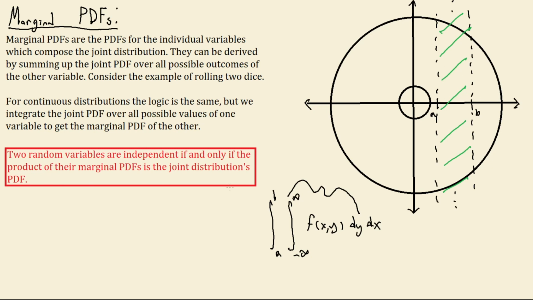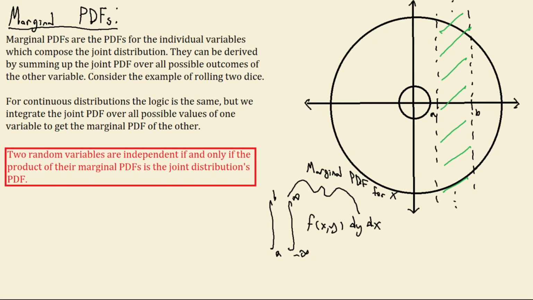And so if that probability of the x-coordinate of the dart being between a and b is given by this expression, where we're integrating over this from a to b with respect to x, then this by definition is going to be some probability density function. And so this expression right here was called the marginal probability density function for x.